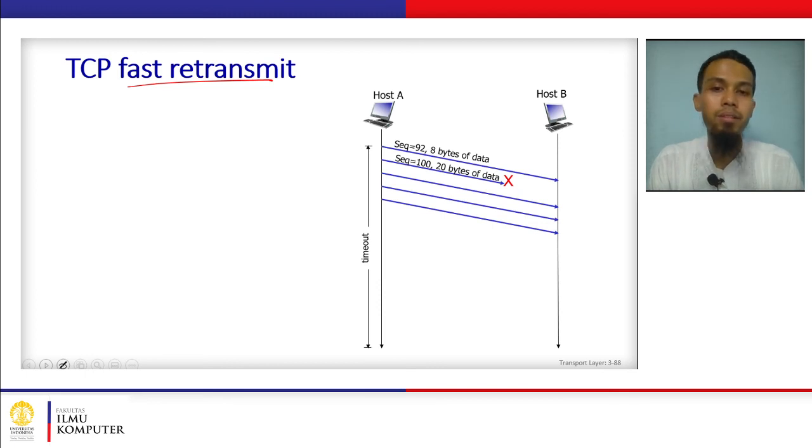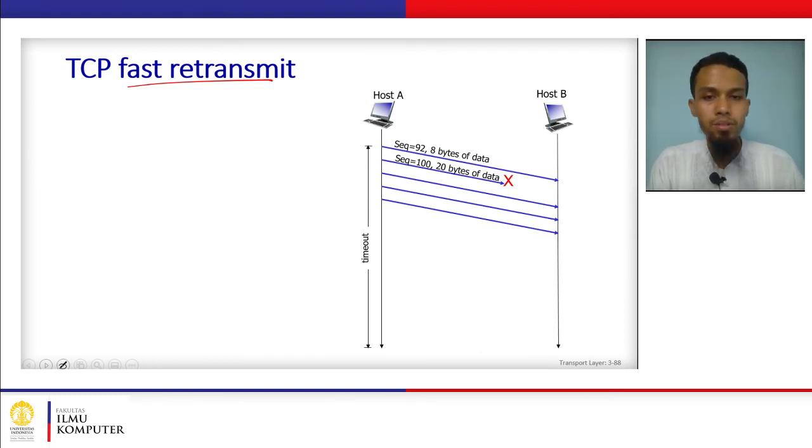How does this happen? Host A detects multiple duplicate ACKs when host A sends several segments to host B. For example, host A sends 5 segments to host B. This is the pipelining.